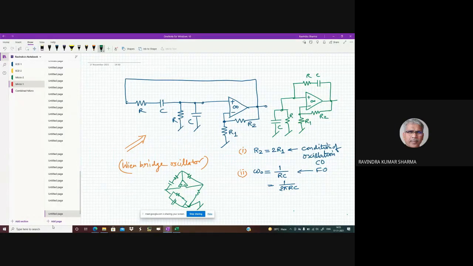वीन ब्रिज ऑसिलेटर से साइन वेव जनरेट की जा सकती है. आपको बता दिया व्हाट इज कंडीशन ऑफ ऑसिलेशन एंड व्हाट इज फ्रीक्वेंसी ऑफ ऑसिलेशन. Is that okay?